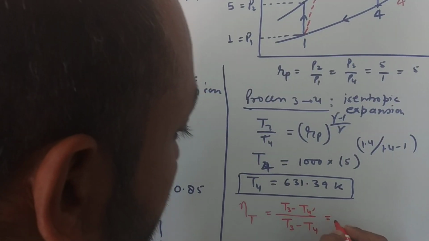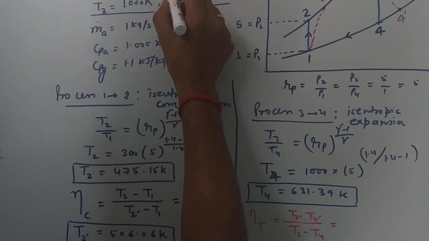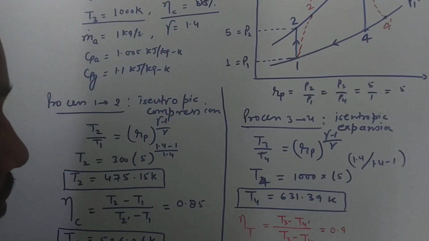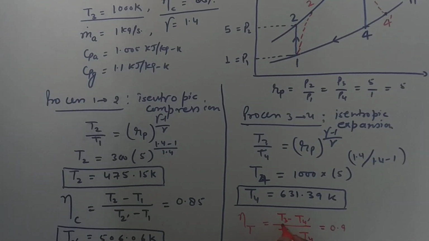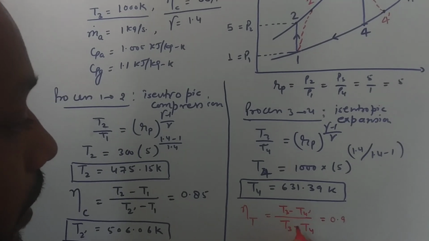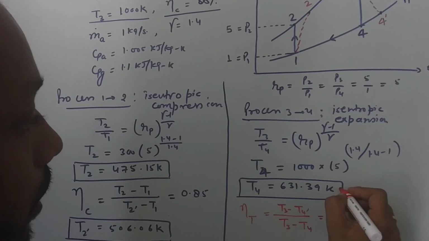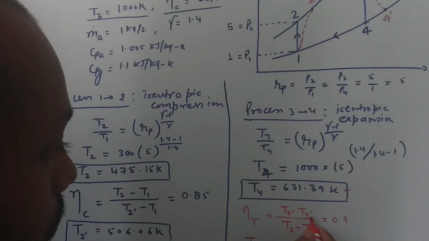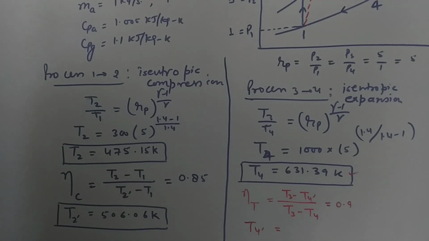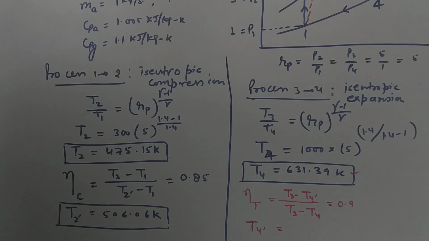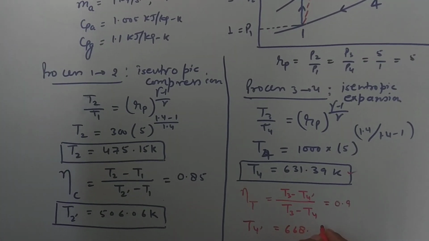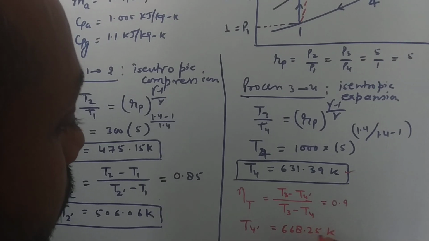It is given that the isentropic efficiency of the turbine is 90%, 0.9. Put the value of T3 as 1000 Kelvin and the calculated T4 in this equation, and we get T4 dash equal to 668.25 Kelvin.